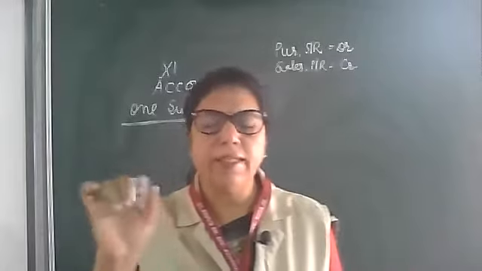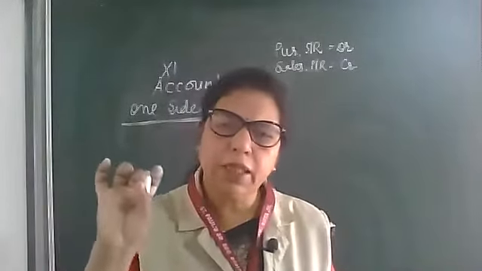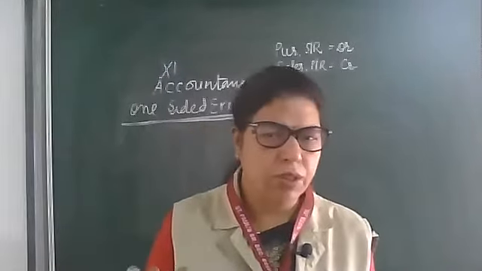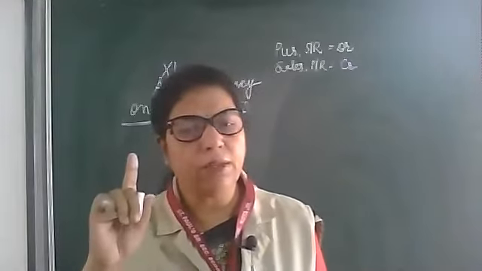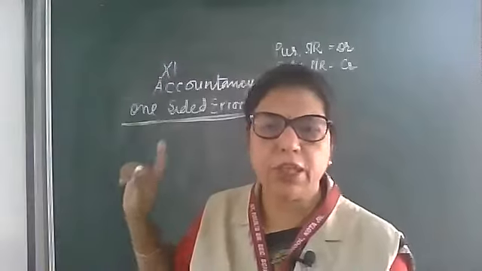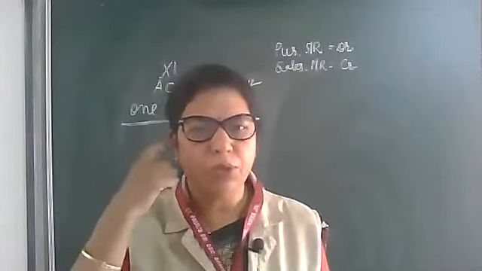This is the easiest way. According to my experience, please look at the board and be concentrated. Then you will be able to understand. One-sided error means error in one account. So today I am going to explain this type of error through purchase and sales.